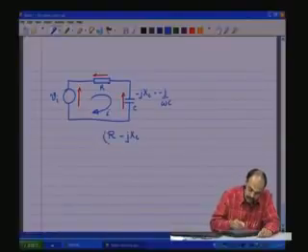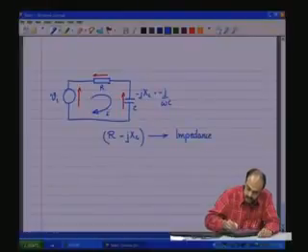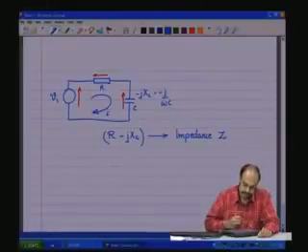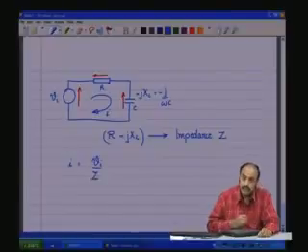Now, this is called the impedance Z. So, the current I will be nothing but Vi by Z, the impedance.